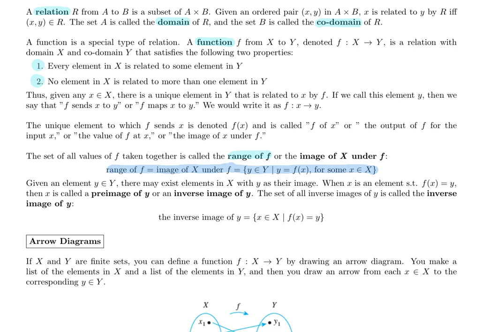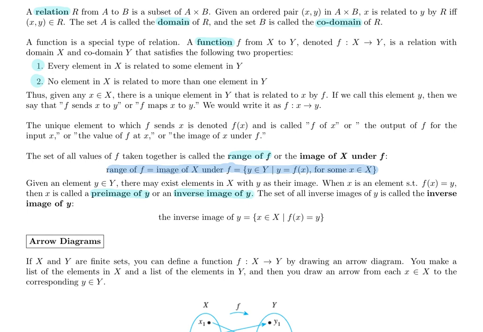If we are given an element y in the codomain, there may exist elements in the domain X with y as their image. When x is an element such that f of x equals y, then x is called a pre-image of y or an inverse image of y.